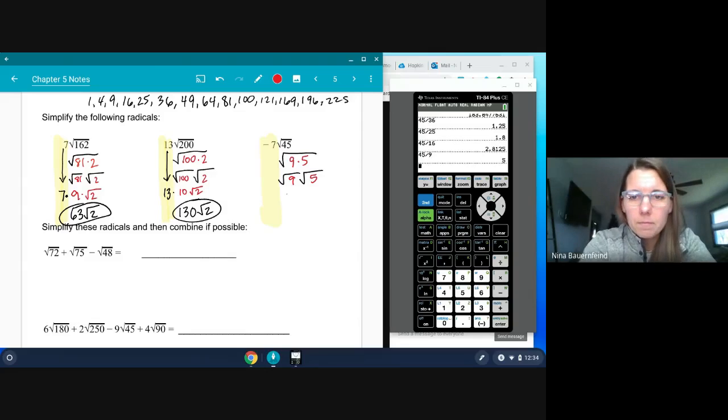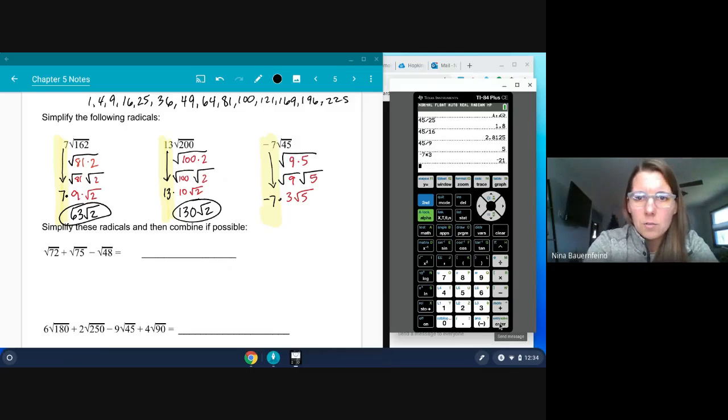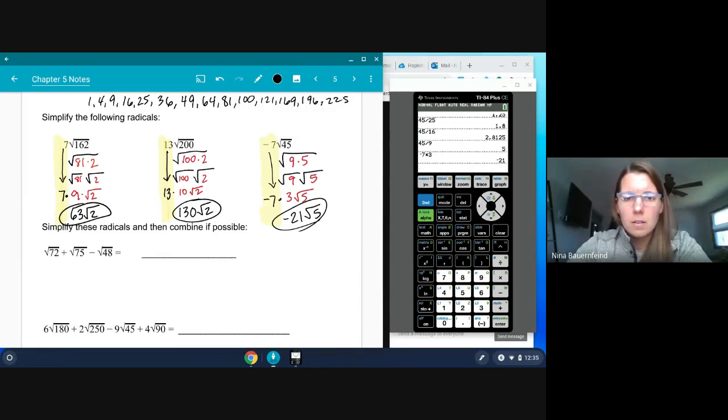Got it. Times the square root of 5. And then I'm going to drop down this negative 7. Negative 7 times 3 is negative 21 root 5. All right. Questions on those ones, you guys?